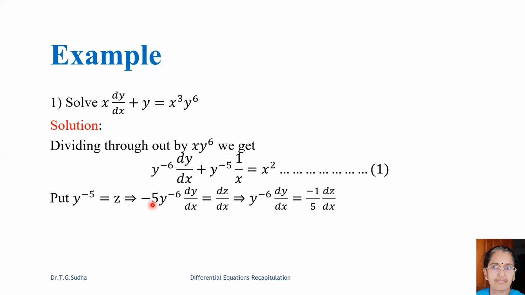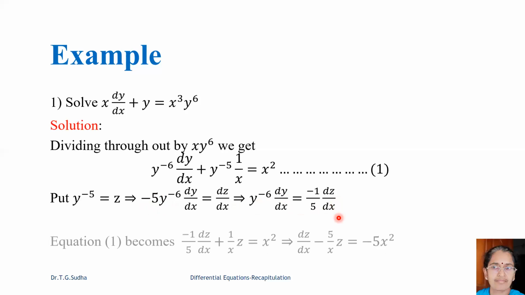And we get minus 5 into y to the power of minus 6 into dy by dx is equal to dz by dx. But we need y to the power of minus 6 into dy by dx. So we need to get rid of this minus 5. So we divide throughout by minus 5 and we get y to the power of minus 6 into dy by dx is equal to minus 1 by 5 into dz by dx.